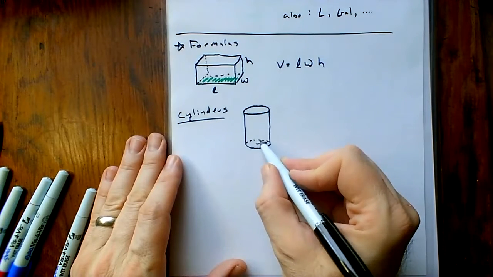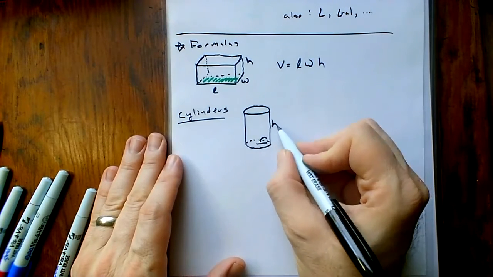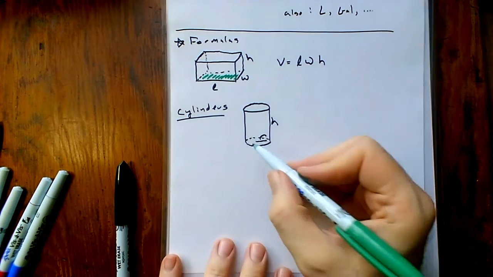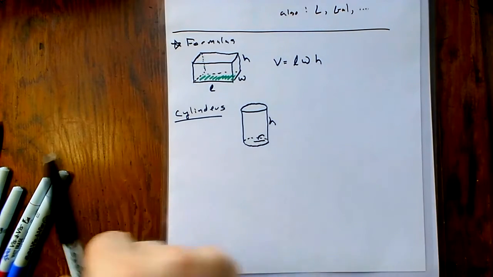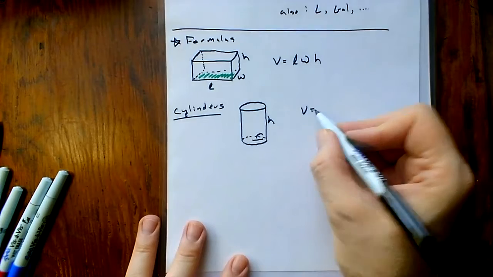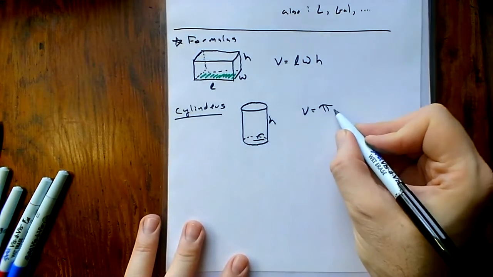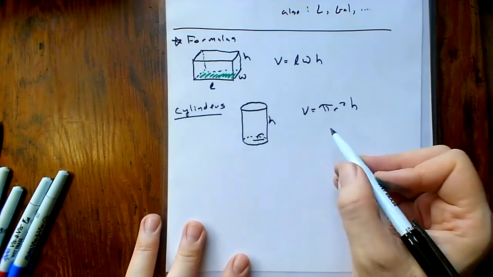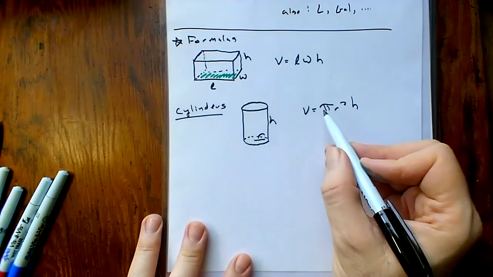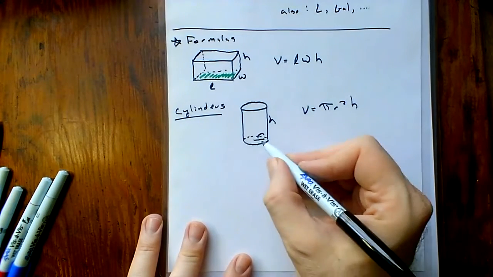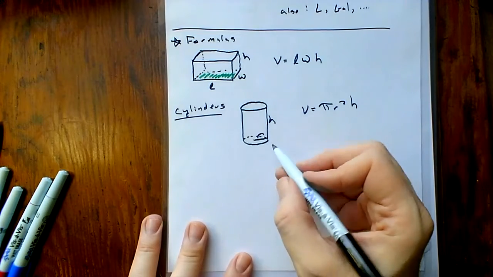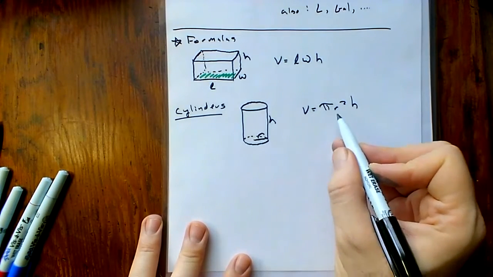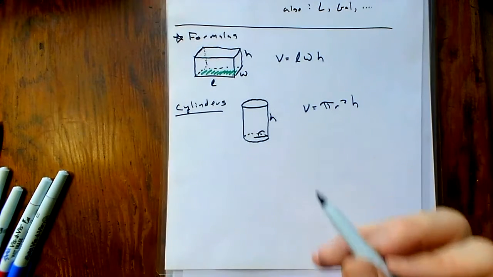That circle will have a radius, and once again, you're going to have a height. And again, you figure out what the area of that base is, in which case the volume is pi times r squared, and then multiply that by the height. So your volume of a cylinder is pi times r squared times your height. Now note, sometimes they'll give you the diameter and you'll need to find that radius. Just take half of the diameter.